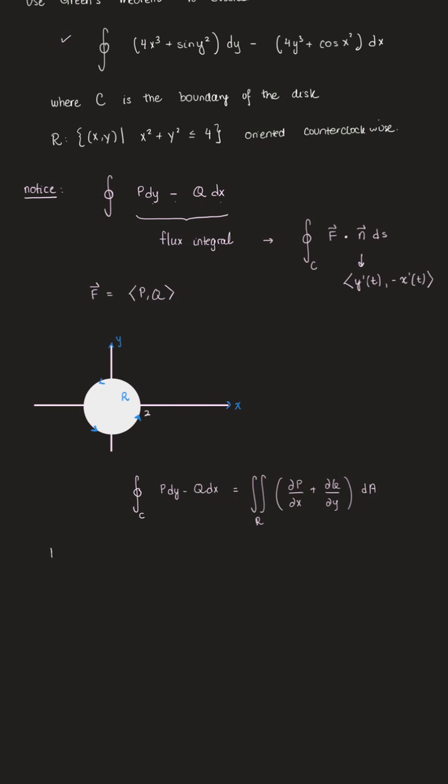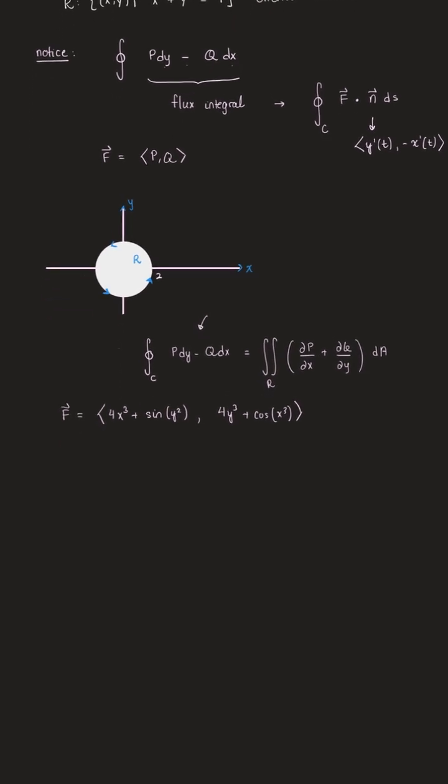I'm going to write the vector field again here so we can see it a little bit better. Our vector field P is 4x cubed plus sine of y squared, and Q is 4y cubed plus cosine of x cubed. Notice I don't need to include the negative because that's part of the form of our flux integral.